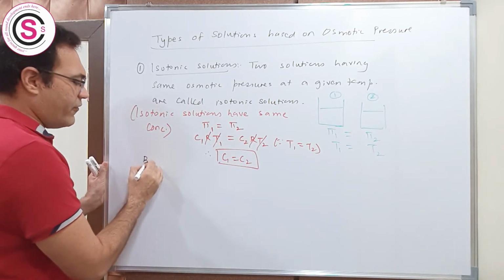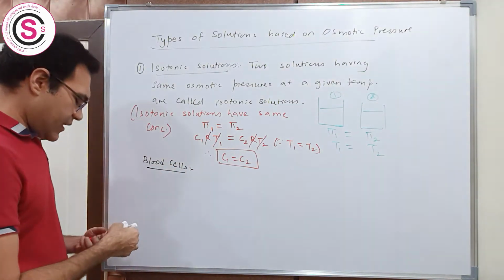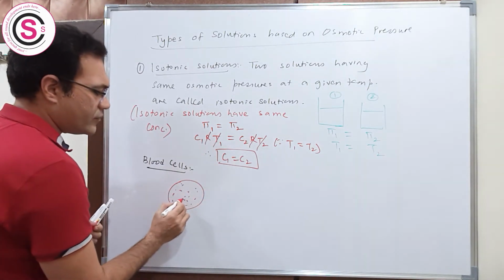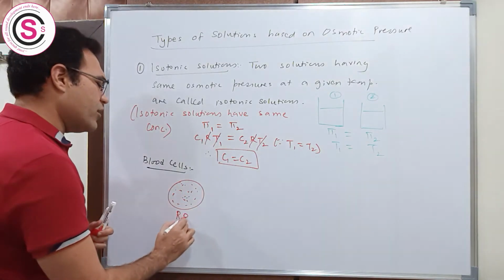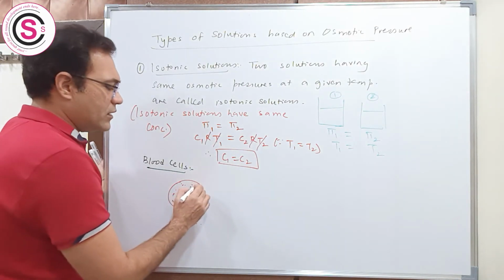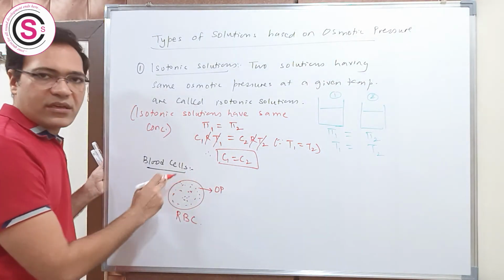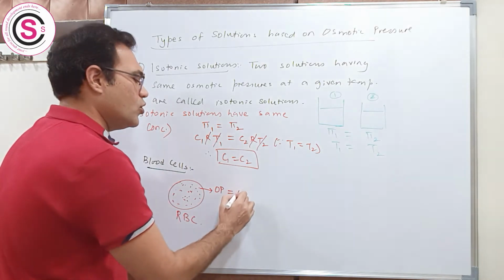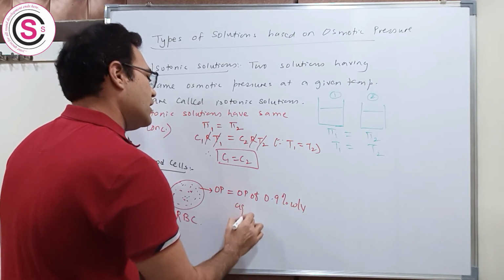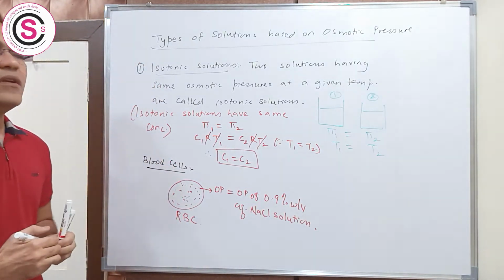Now students, the blood cells that we have, right? So suppose if I take a blood cell, it will be filled with certain solution. Suppose this is RBC, your red blood corpuscle. So it will be filled with certain solution, right? So the osmotic pressure of this solution inside the blood cell will be equal to the osmotic pressure of 0.9% weight by volume aqueous NaCl solution, right?